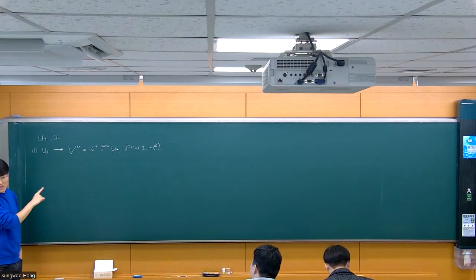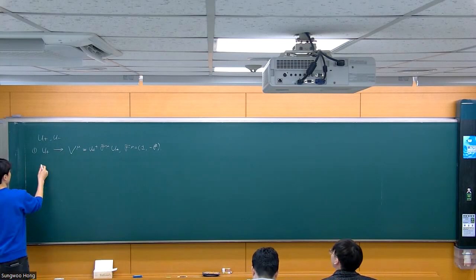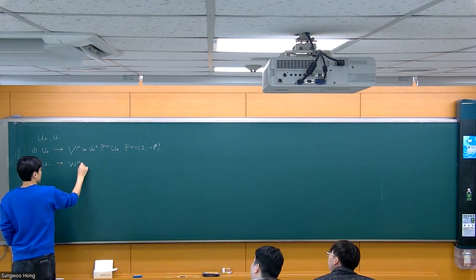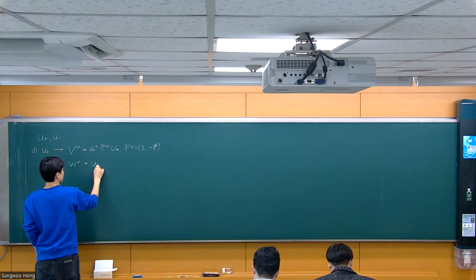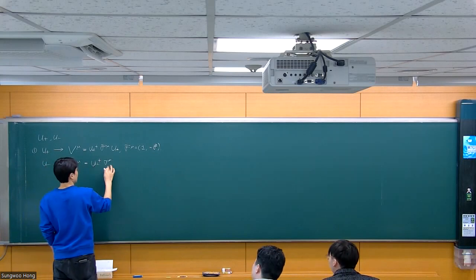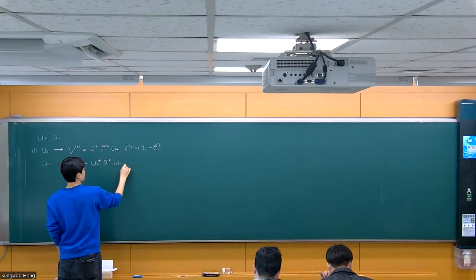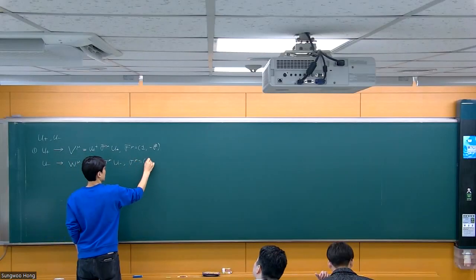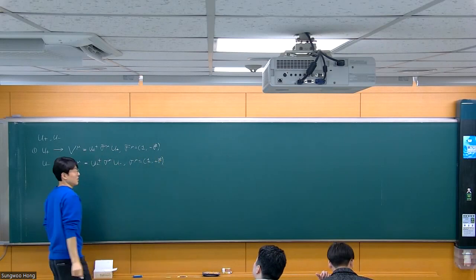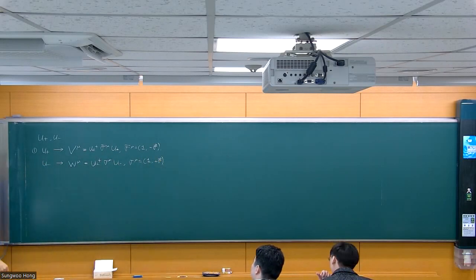And for U minus, we can construct a W in a very similar fashion, now with sigma instead of sigma bar, again the 2 by 2 identity plus Pauli matrices.